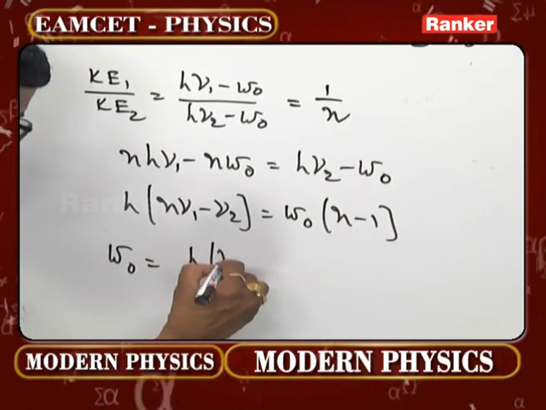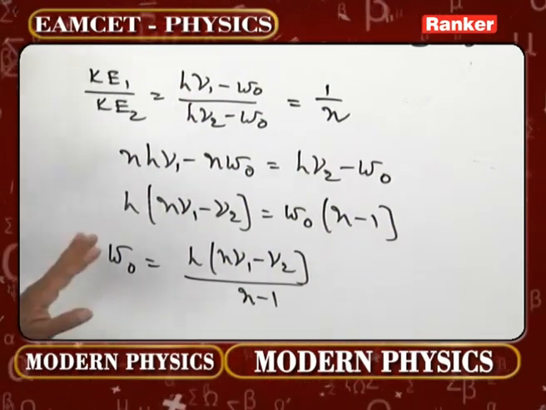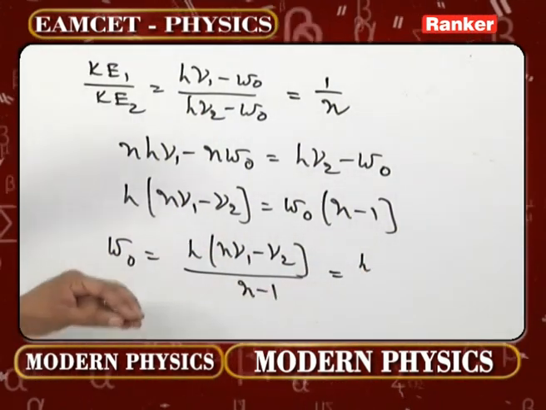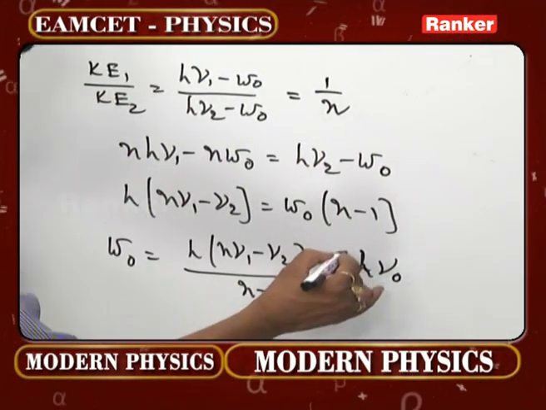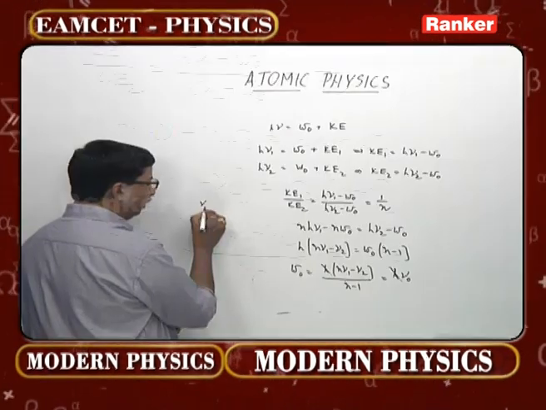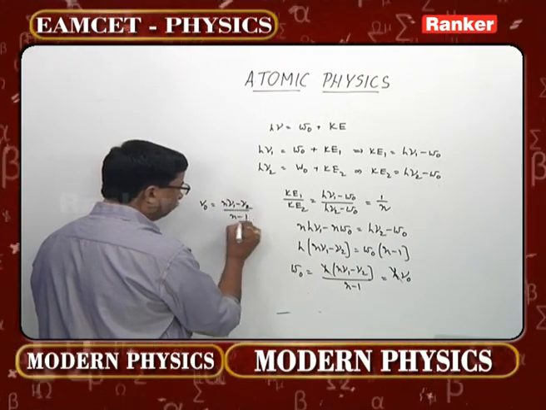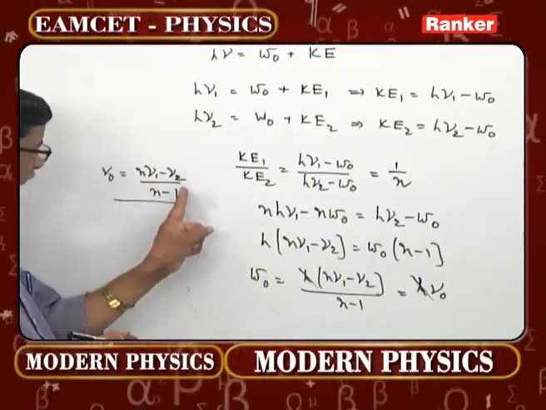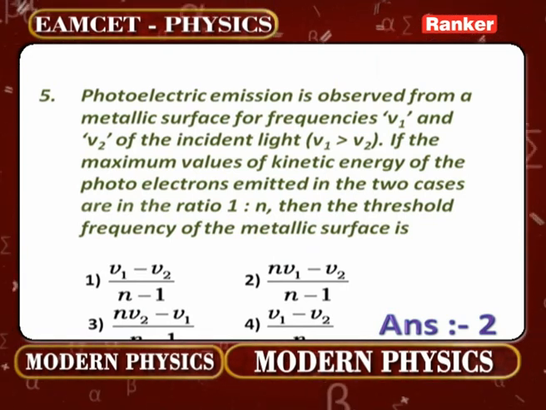H into N nu1 minus nu2 divided by N minus 1. Fine. But W naught can be written as H by lambda naught or H nu naught we can write. His question is what is nu naught? Therefore, H gets cancelled. What is left over now? You check it. Nu naught will now be equal to N nu1 minus nu2 by N minus 1. Look at this particular option, which one is given there? Second option is exactly tallying with this. So, second option is the correct option for this question number 5.